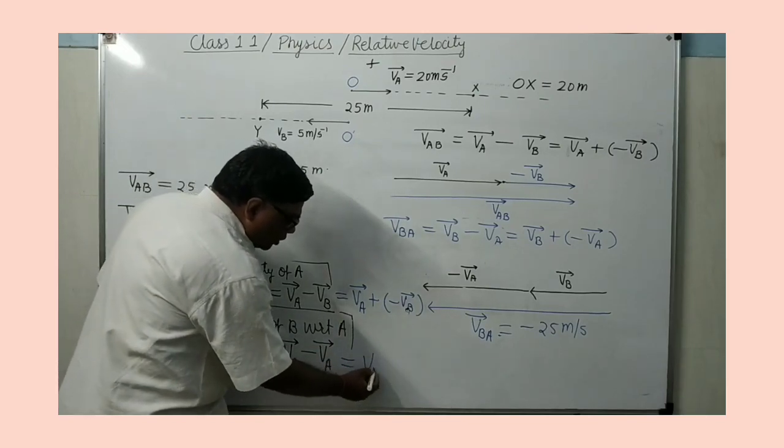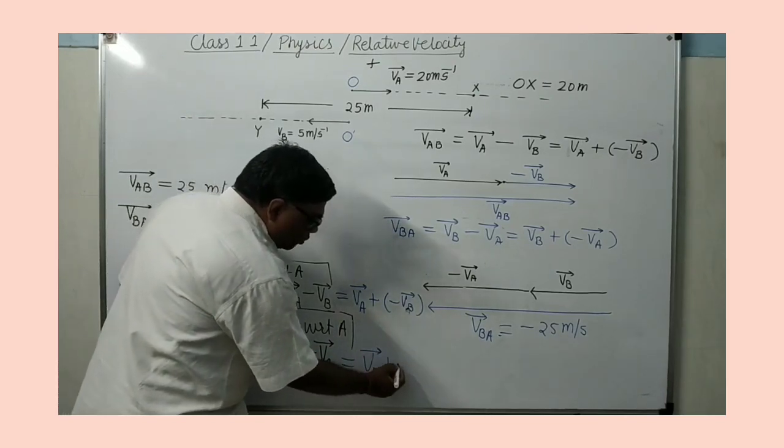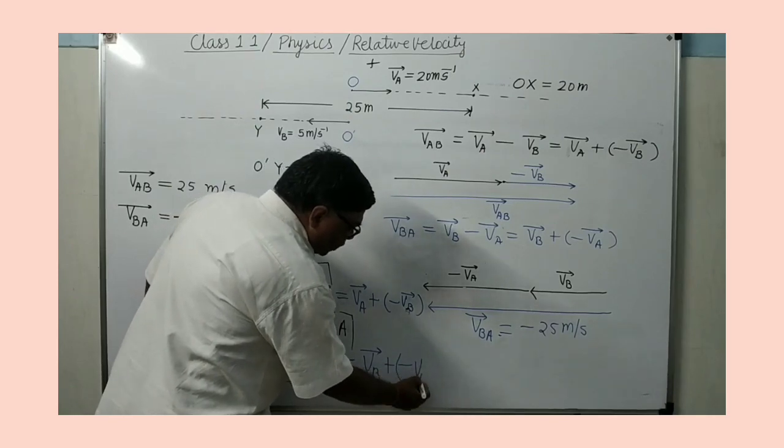To the velocity vector of B, you will add the negative velocity vector of A.